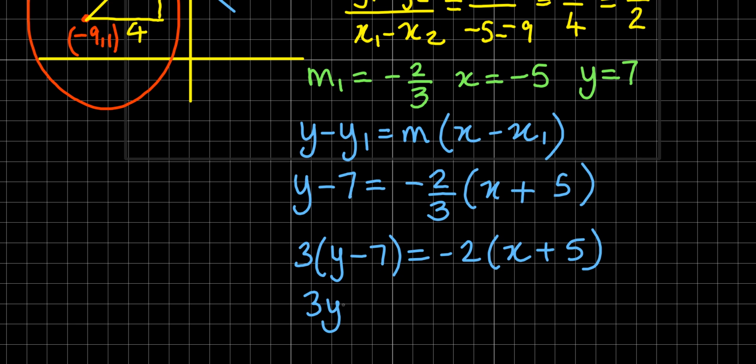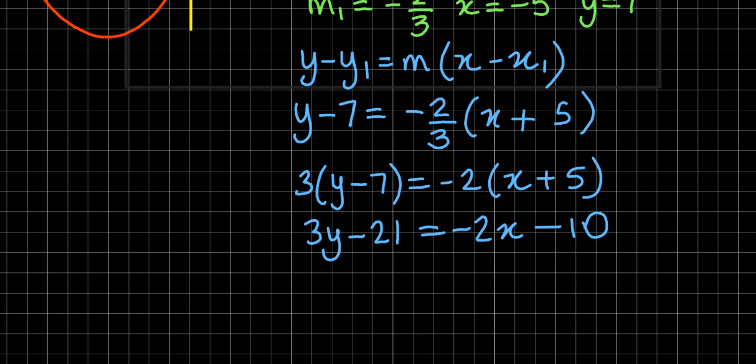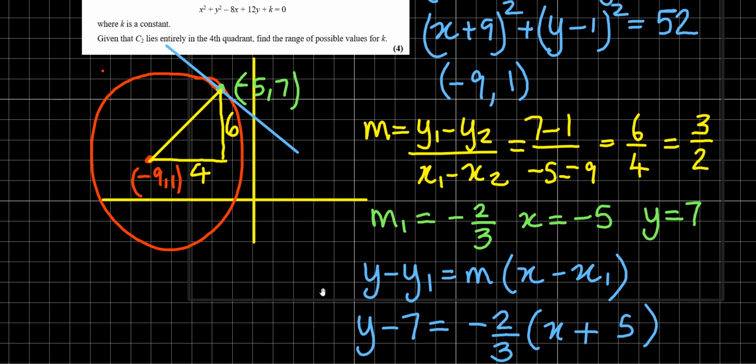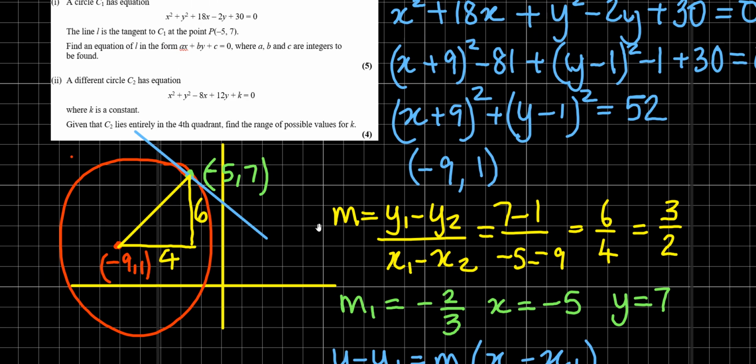So we have 3y minus 21 equals minus 2x minus 10. So we have 2x plus 3y minus 21 plus 10 is minus 11 equals 0. So that is the equation of the tangent.